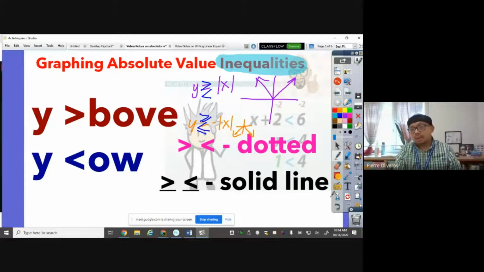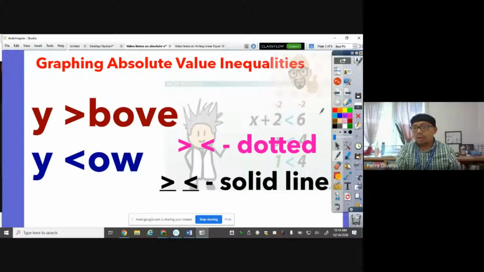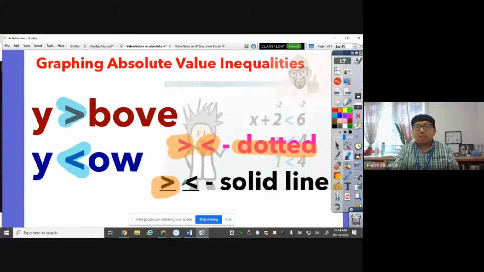An important thing you need to know is that if it's greater than, you're going to shade the above portion of the graph of the V shape. If it's below, that means you have a y less than the absolute value. And we all know that if you have a less than or greater than without an equal sign, it will be a dashed or dotted line. If there's an equal to for less than or greater than, it will be a solid line.